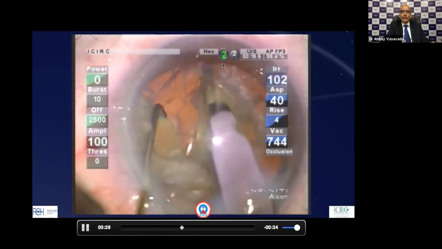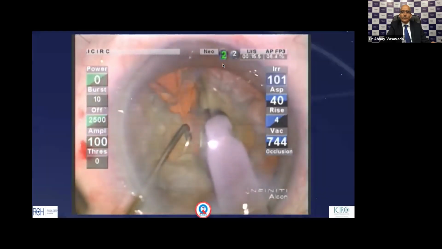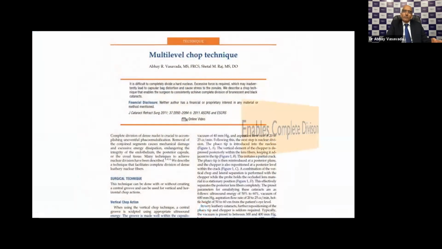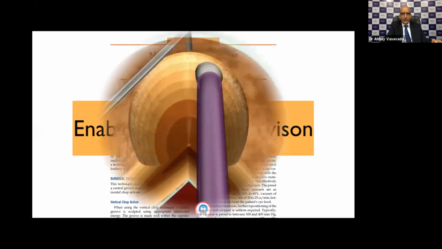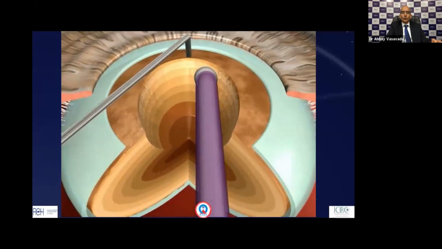And likewise, the whole process is repeated all around. Sometimes this doesn't work, so we devised a further modification, which is useful at times. You don't need it every time, but that chopping principle applied at different levels is called the multi-level chop technique, and it really ensures a total division.